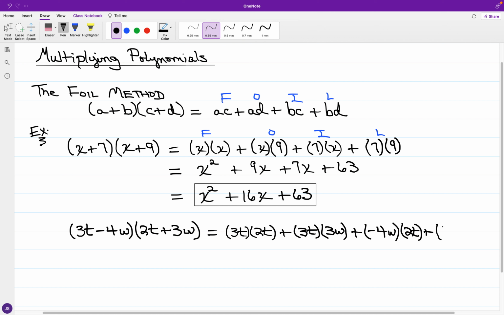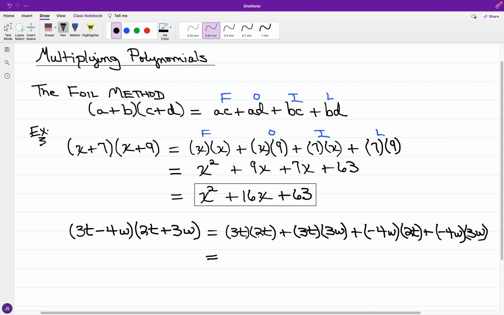Then for the last product, we have negative 4w times 3w. And again, if you're acquainted enough with determining the products before writing out the detailed initial step, that's fine. Just make sure that you don't have the wrong degrees or the wrong variables.